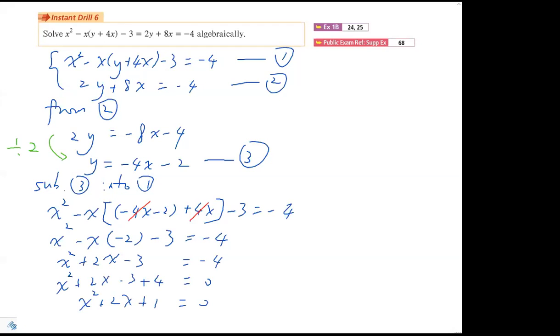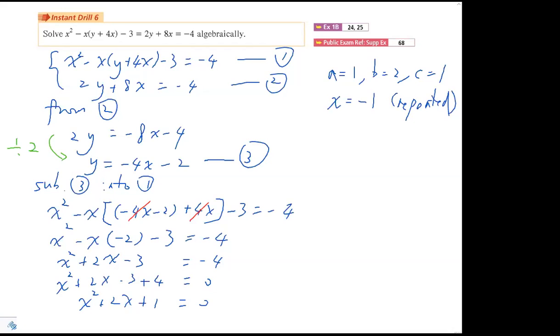Okay, and now you can identify that A is equal to 1, B is equal to 2, and C is equal to 1. This is a simple quadratic equation. And then you can use the calculator program 1. And x is equal to -1. So there is only one answer because it is a repeated answer. Both numbers are equal to -1, right?